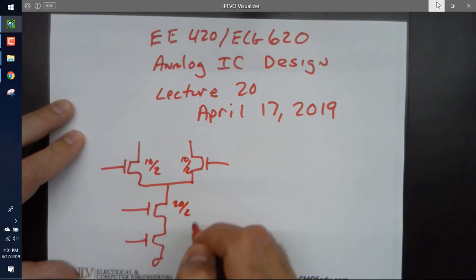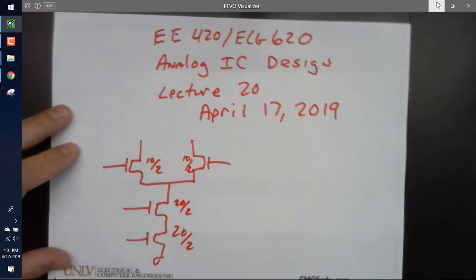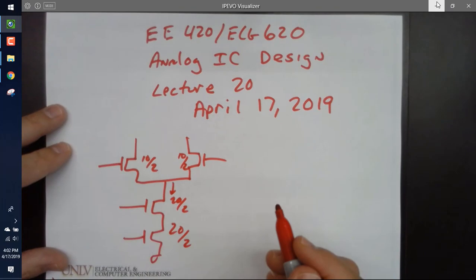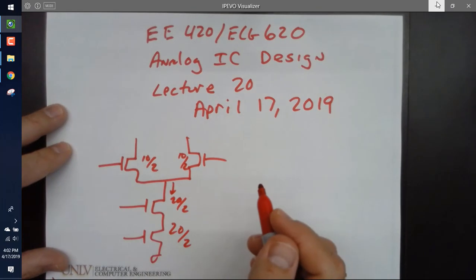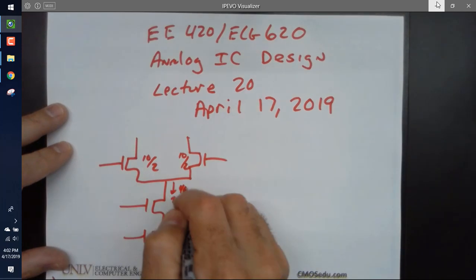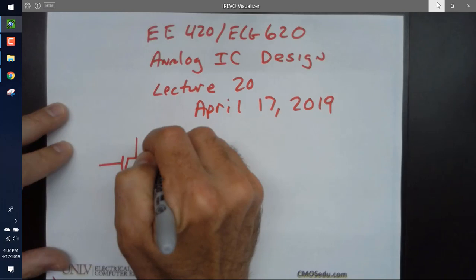Why does it matter it's 20 by 2? Because then I get what current flowing through there? 2 times what was the current for these sizes in this problem? 40 down there and then 20.